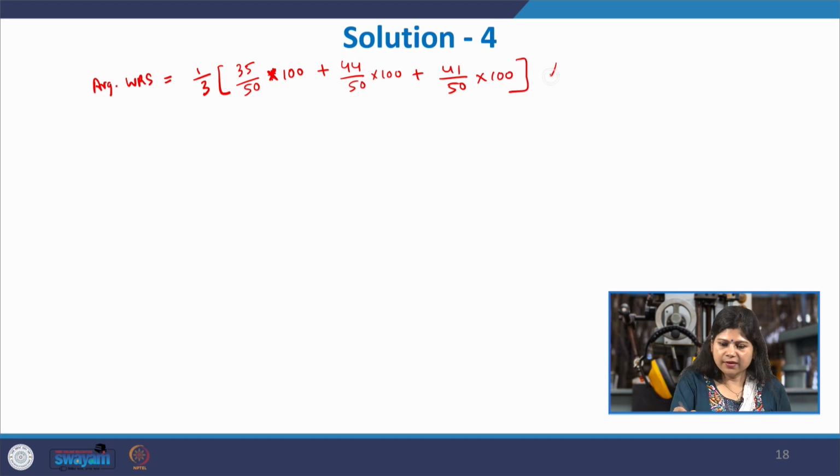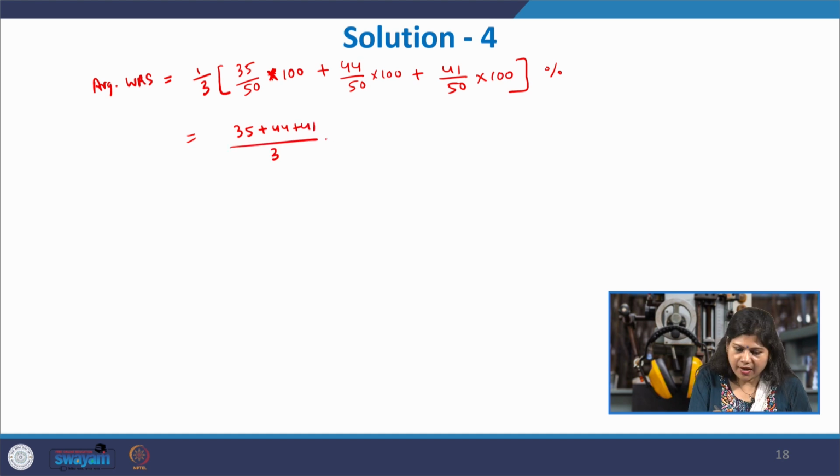Then we take 1/3 of the sum to get the average, and this data becomes a percentage. If we take this as common, effectively you are simply averaging their scores in the 3 tests to find the WRS.